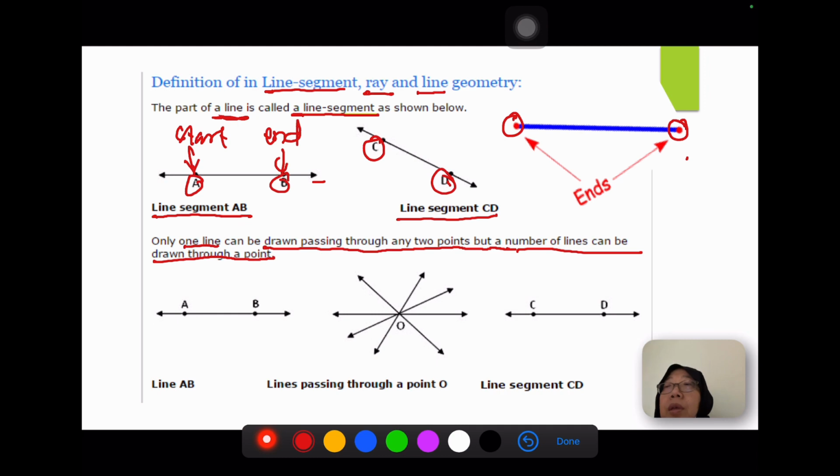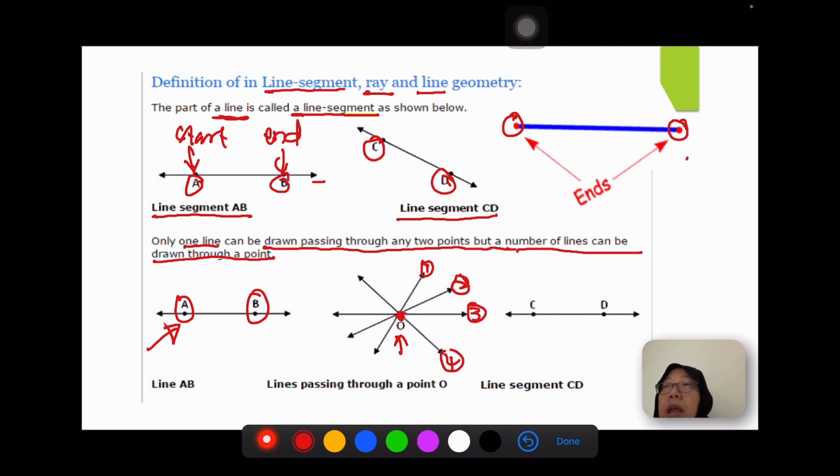So on a single line like this one, you can place 2 points. That means this line can go through 2 points, right? But if you start with a point like this one at O, then you can draw a lot of lines like this one. 1, 2, 3, 4. 4 lines.